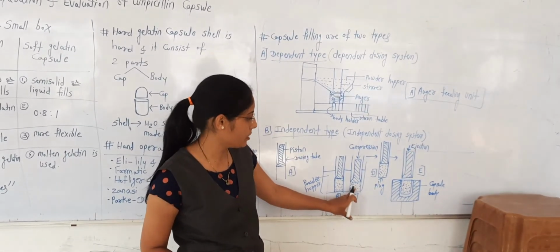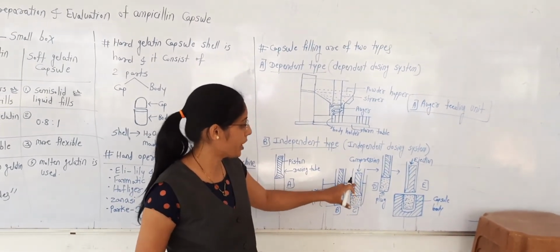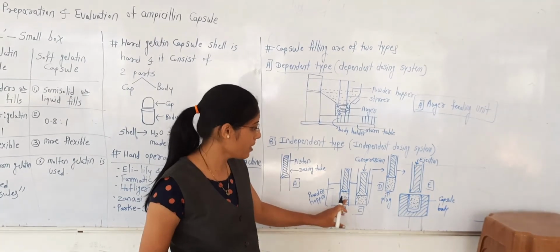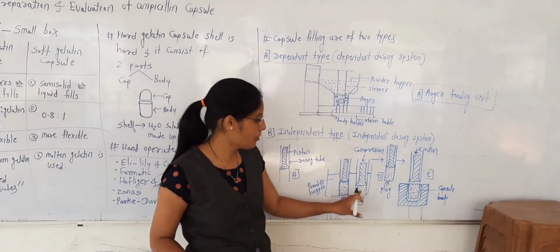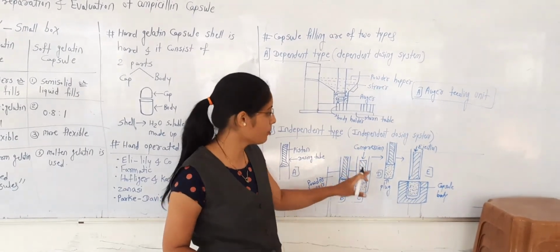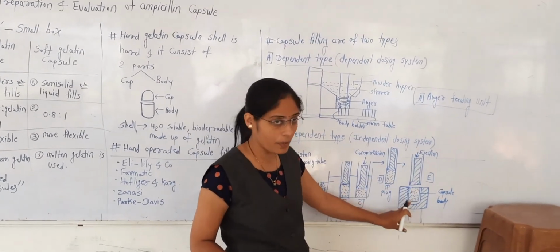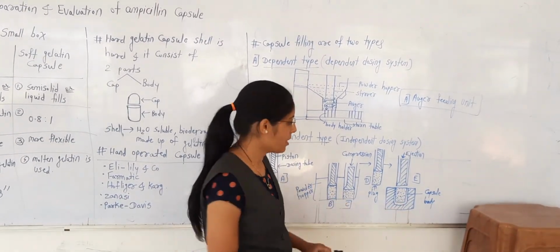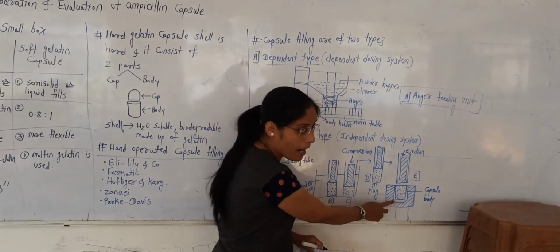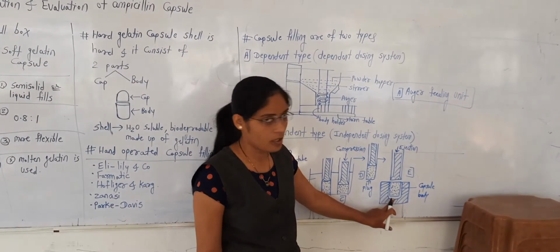Then we slowly remove this dosing tube from the hopper, and the plug is also removed with the dosing tube, and then this dosing tube ejects the plug inside the capsule body part. See here in the last section, the E part, the empty capsule body part is present.